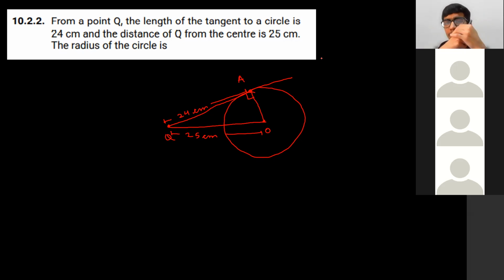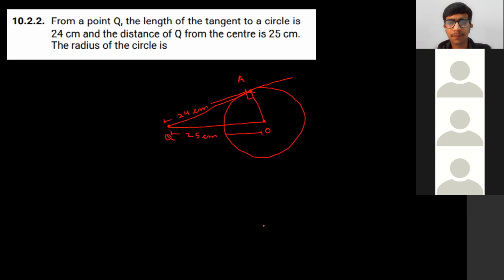Can we use the Pythagoras theorem over here? Anya? Yeah, can we use the Pythagoras theorem? Yes, so it's forming a right triangle, so we can. Yeah, so using that, we'll be able to find out the length of OA. Yes, sir. Okay, so tell me like what will be the length of OA then?